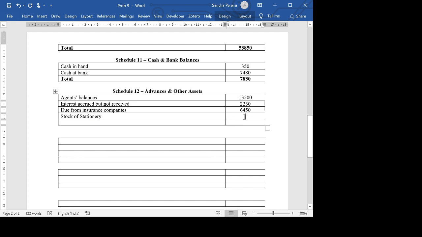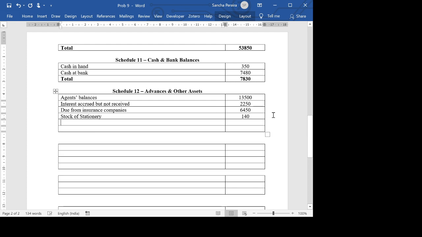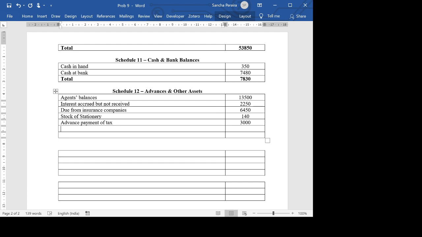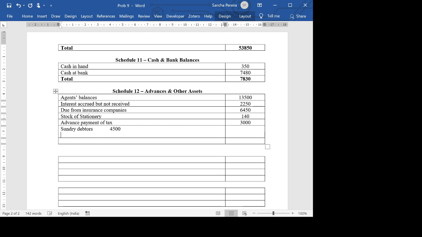Stock of stationery, which is 140. Then there is advance payment of tax, 3,000. Then we have sundry debtors, and to this there is an adjustment. Sundry debtors given to us is 4,500, and there's also less provision for bad debts.